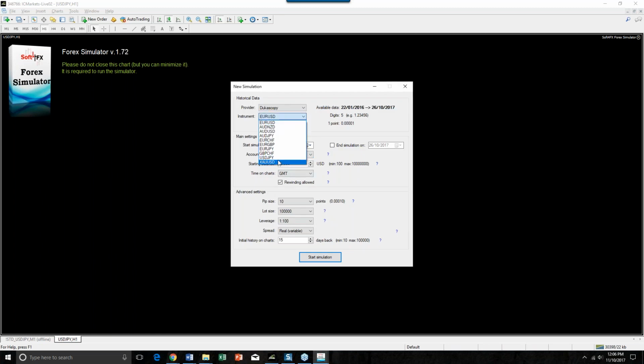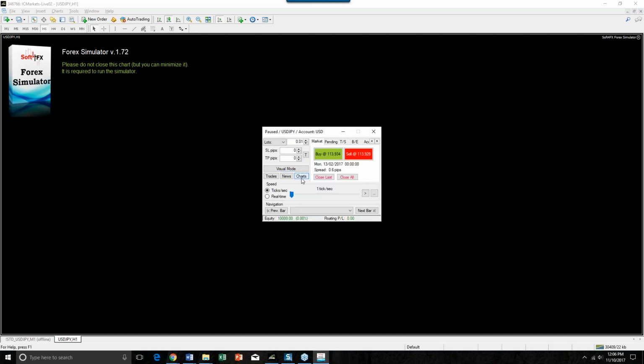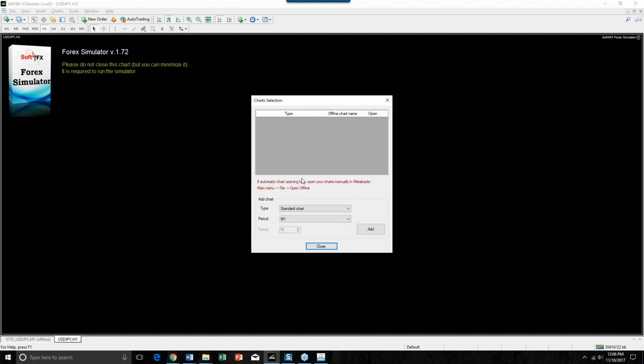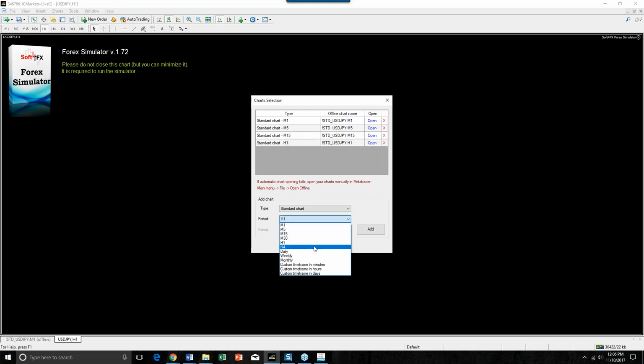USD, Euro USD, no, USD JPY. This allows you all to come in. So let's change this date. Yeah, there, February 13th, and then end simulation there. Okay, good. All right, now we're back to normal. We're going to add that chart. Going to add that one. Going to add 15, 1 hour, 4 hour, and daily.